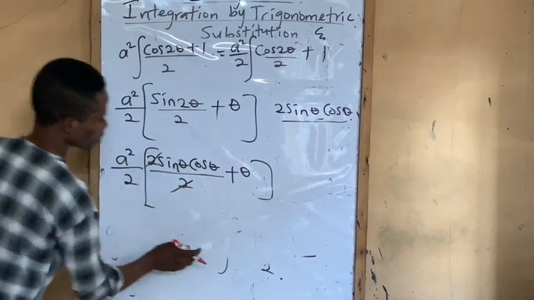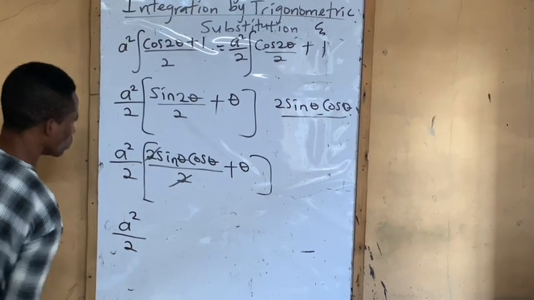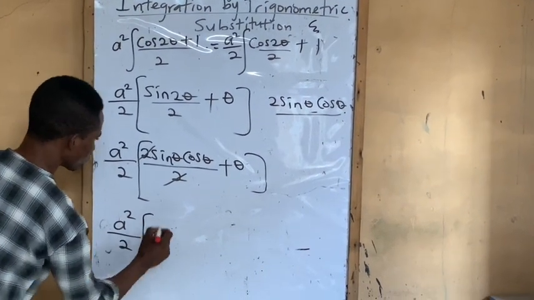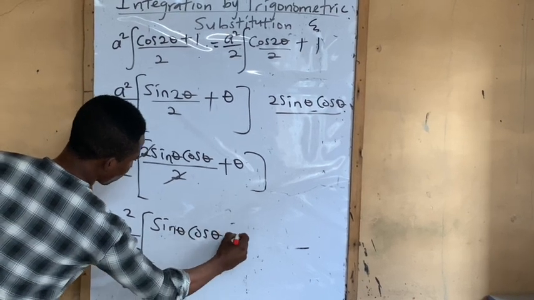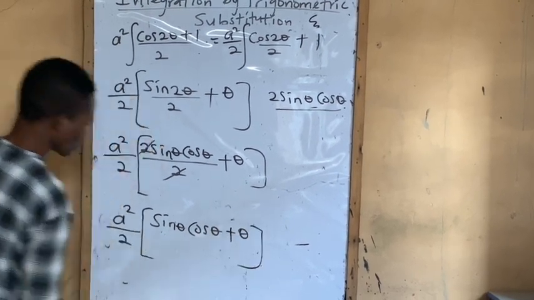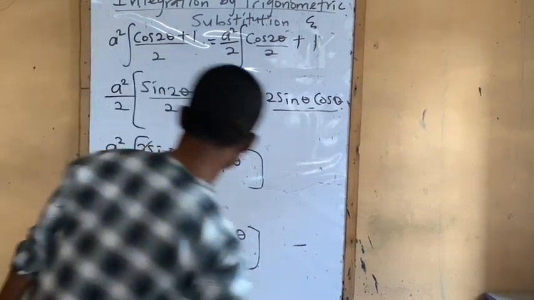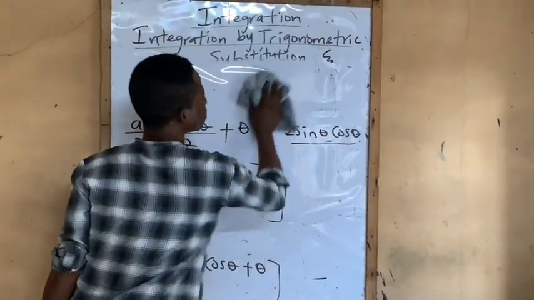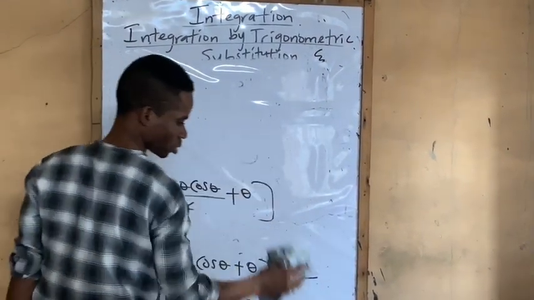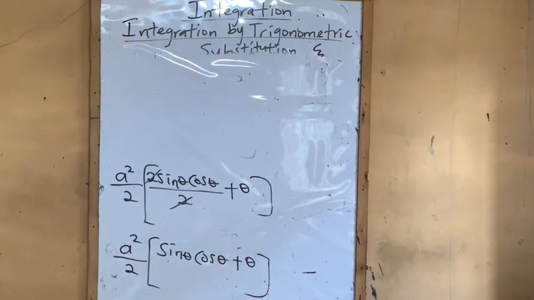This cancels this. So I have a square all over 2 sine theta cos theta plus theta. So after this, what do we do? A square all over 2 sine theta cos theta plus theta.